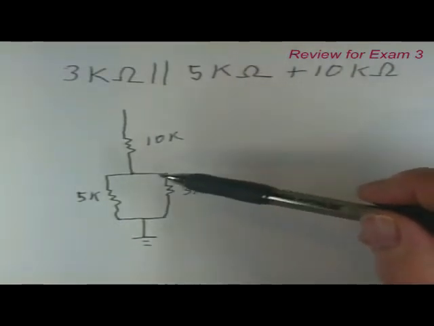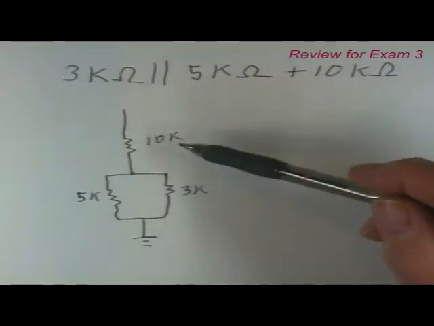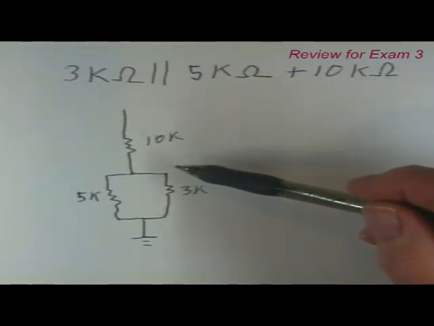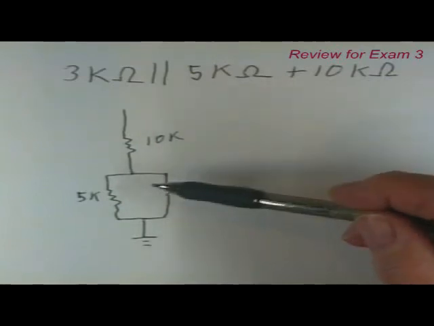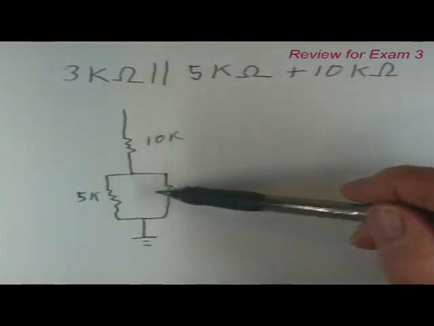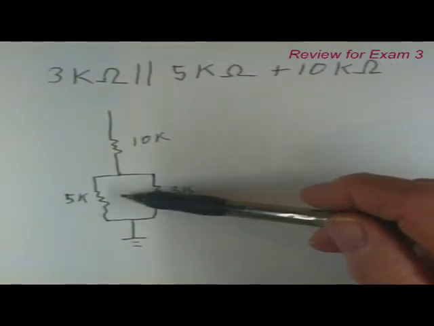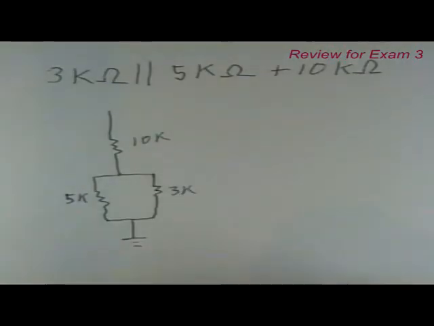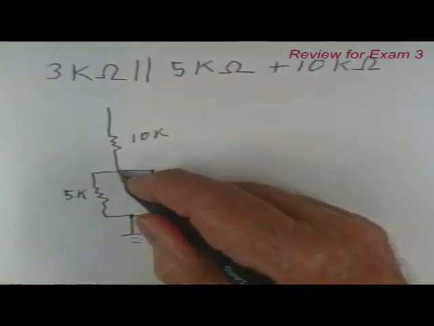And that would be a good thing for you to memorize if you're a YouTuber and you take an examination in the future, whether it's on your school or some formal FCC exam or a ham radio license. But just remember this, that the sum of 3K and 5K in parallel is going to be less than the 5K. Now notice, where these two come together, we have something called a node.